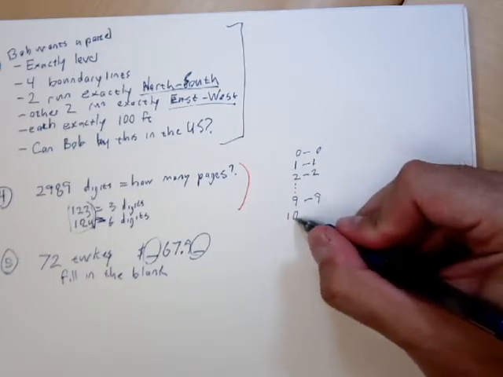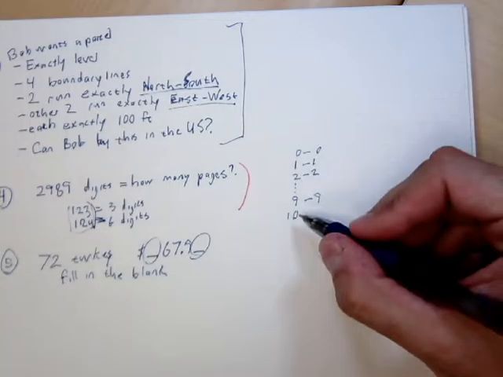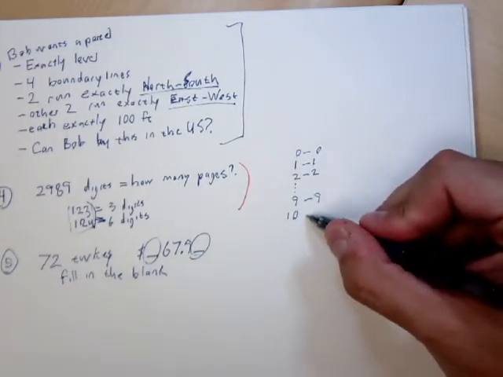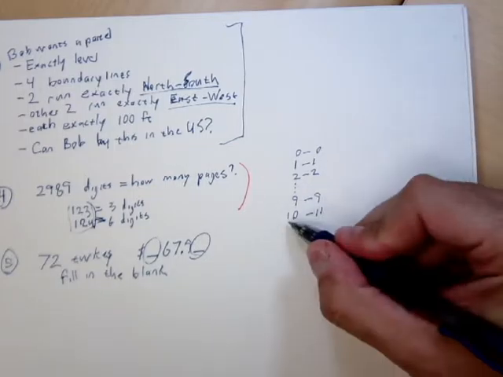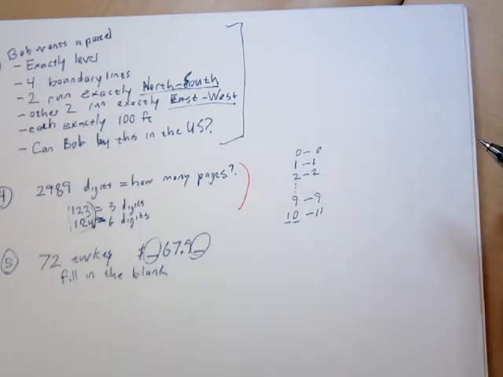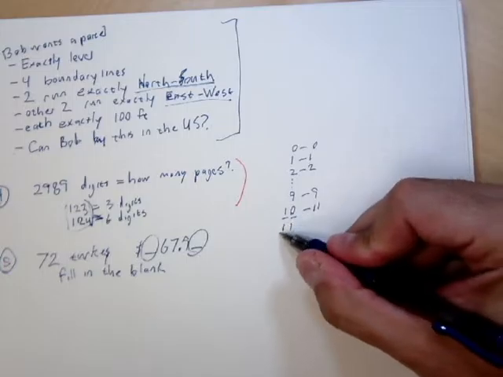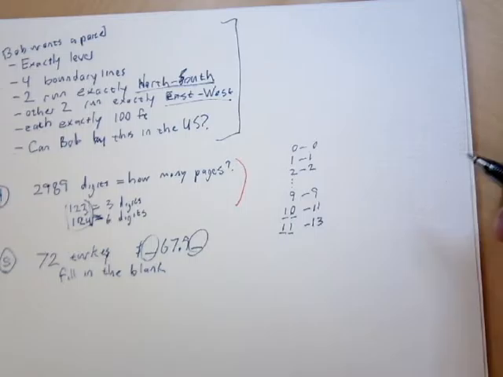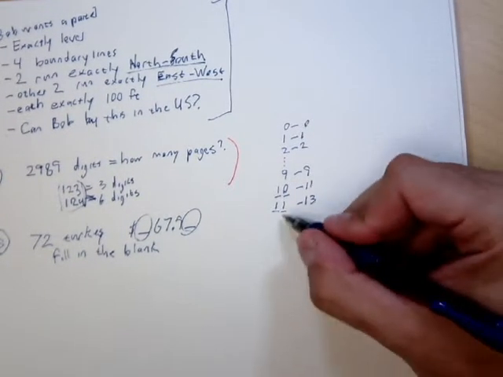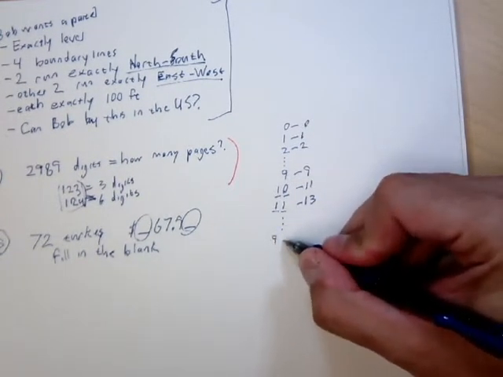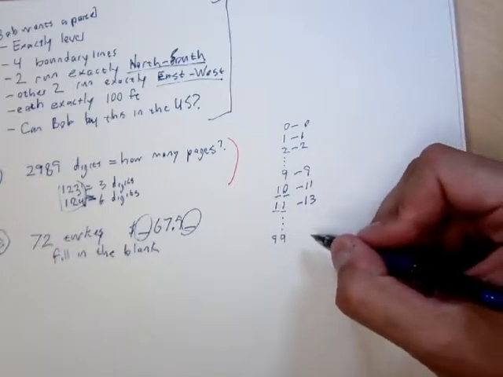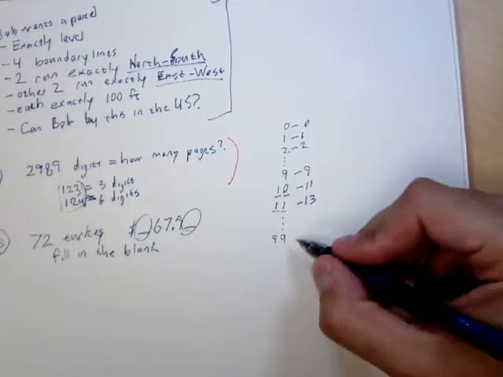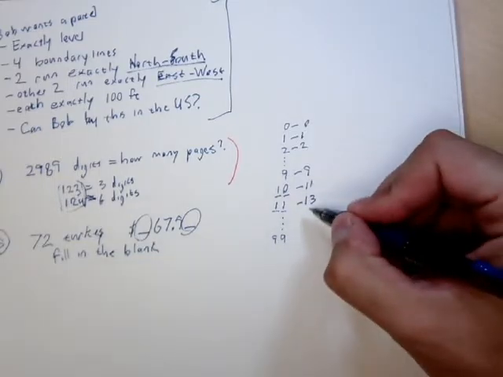10 pages is going to take the 9 digits plus 2, so 11 digits, because I had a 1 and a 0, that's 2 more digits. Similarly for the 11, that adds 2 more digits, so that would be not 12 but 13. And I think I see the pattern up to 99, it's going to take 2 digits. And then, I don't want to do all of those.